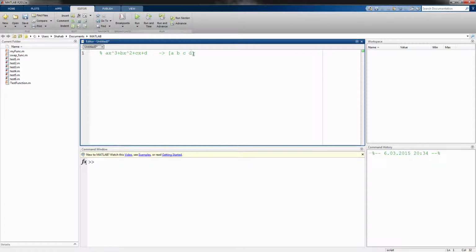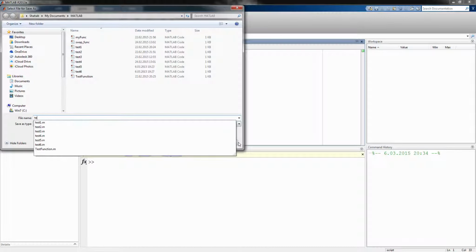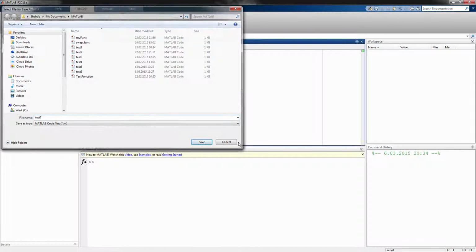So if we have four values in a matrix, it means that it is a polynomial of order 3. If we have some missing parts, we replace them with 0. So let's see how we represent it in MATLAB. Let's save what we are writing as test 7.